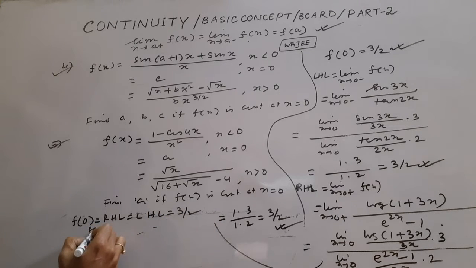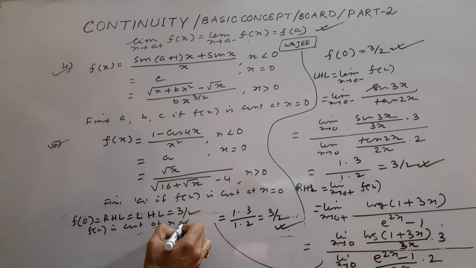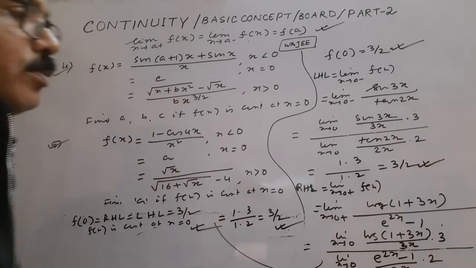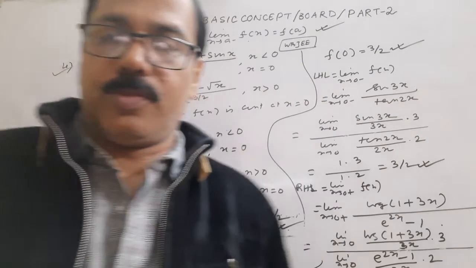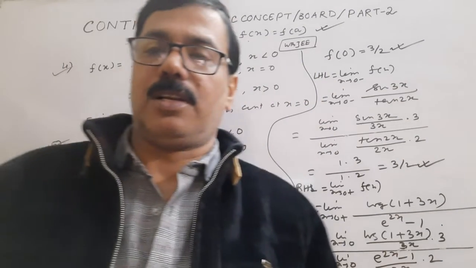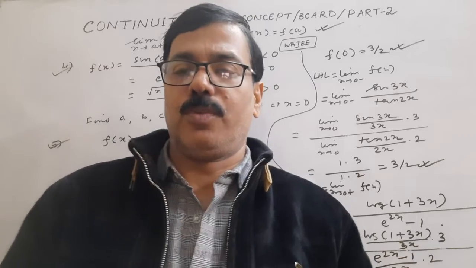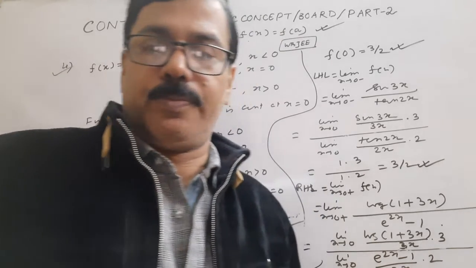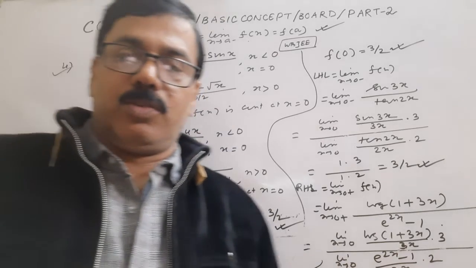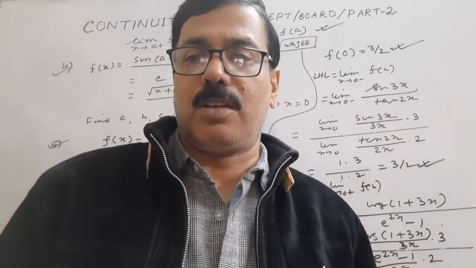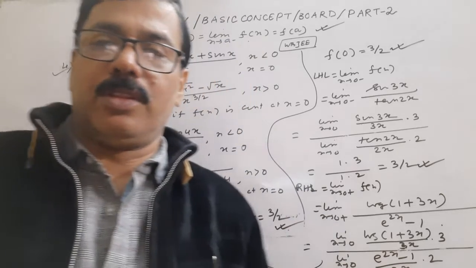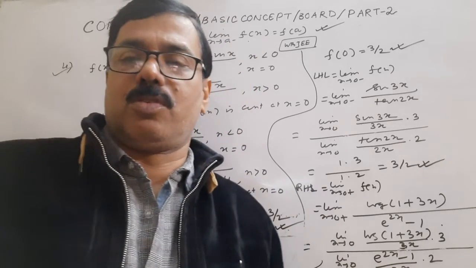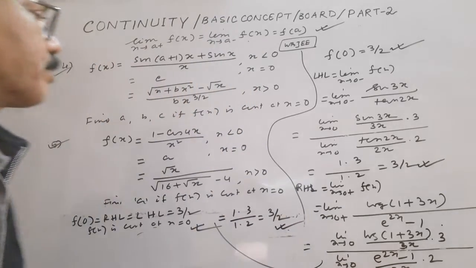So f(x) is continuous at x equals 0. I am saying repeatedly, if it is a board problem, we do not use L'Hospital rule. We solve problems using L'Hospital rule for competitive exams.